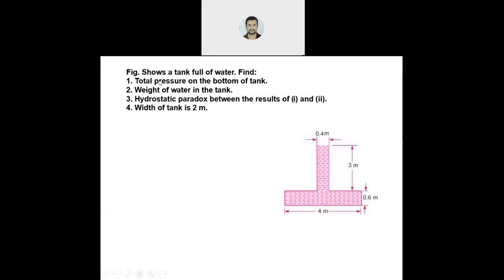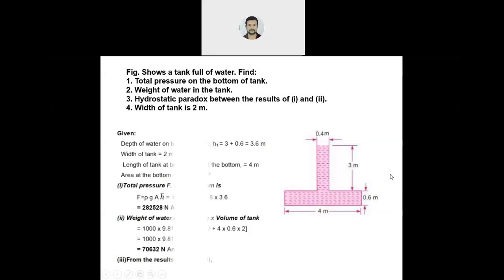Next, the given width of the tank is 2 meter. Here it is different, but for the next case, you have to assume a 2 meter width of the tank.